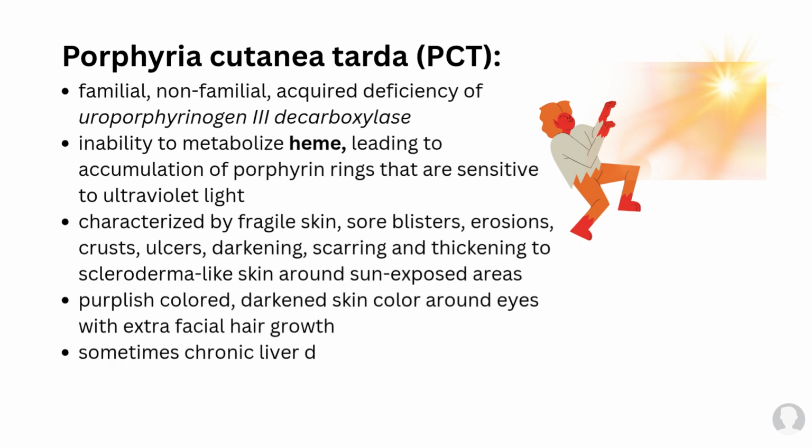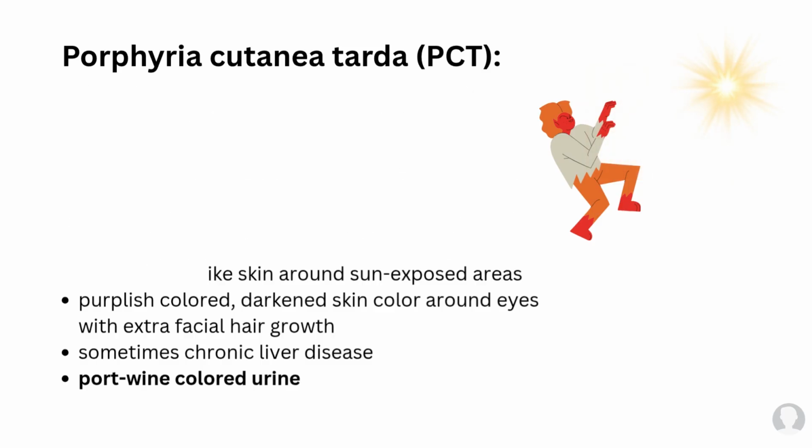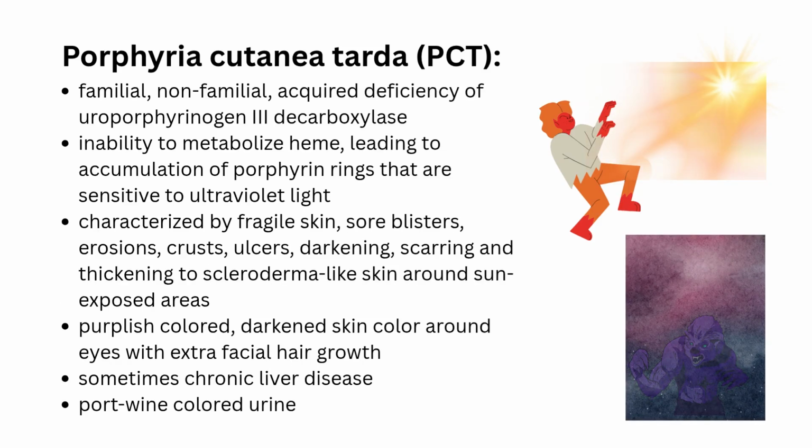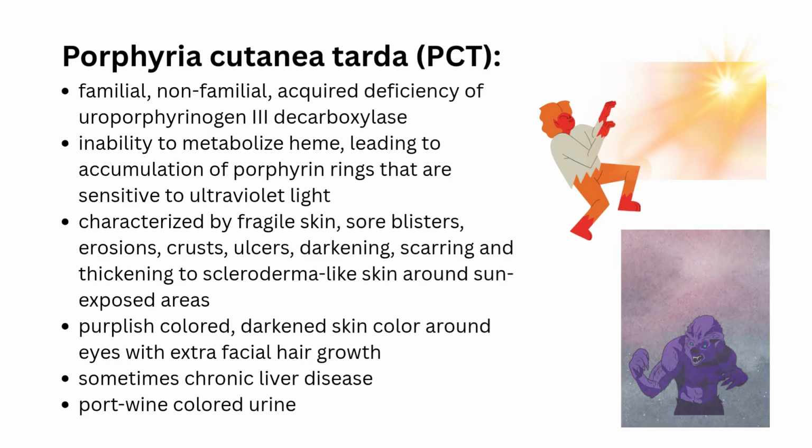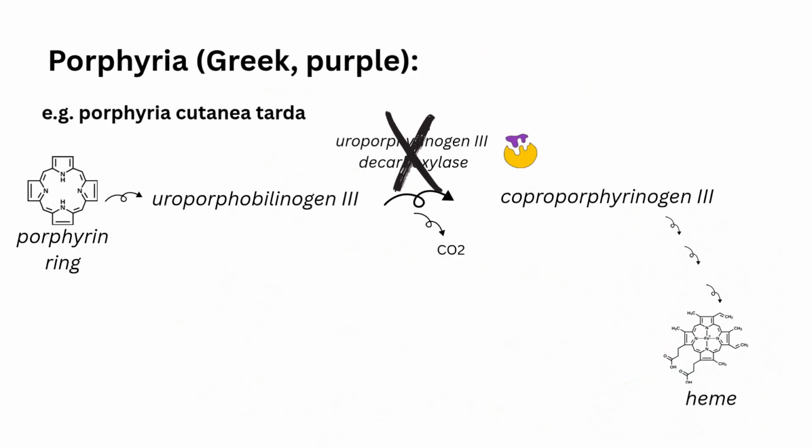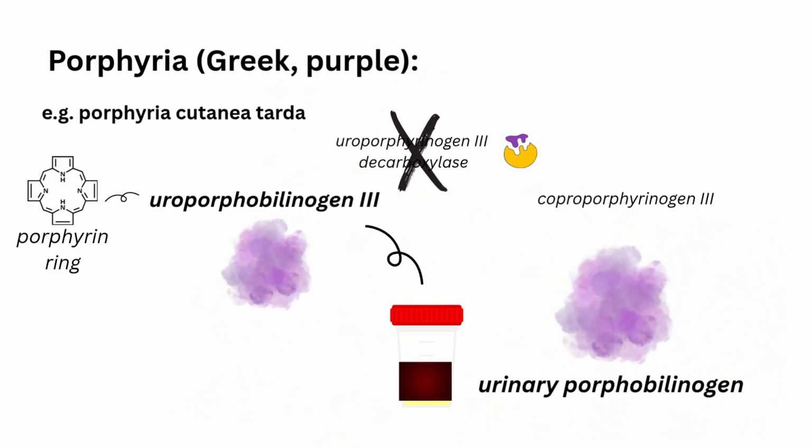Porphyria cutanea tarda is the most common type. Deficiency of uroporphyrinogen III decarboxylase enzyme leads to an accumulation of uroporphyrinogen III with accumulation of porphyrin rings, giving a port wine discoloration of the urine.